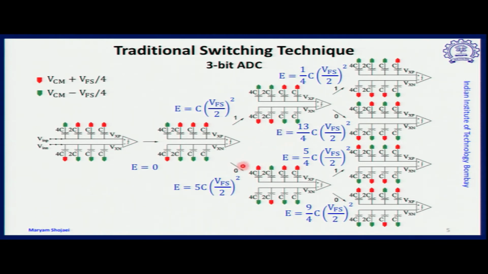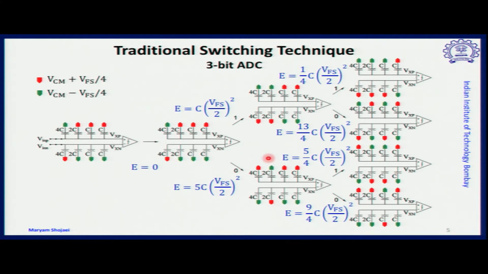So now because the output is 0, that means V in P is less than V in N. Therefore the next capacitor in the row, which is the capacitor 2C, will be connected, for the V in P side, to VCM minus V full scale by 4, and the other side will be connected to VCM plus V full scale by 4 to take the next decision. So this is the same direction as the initialization we considered.